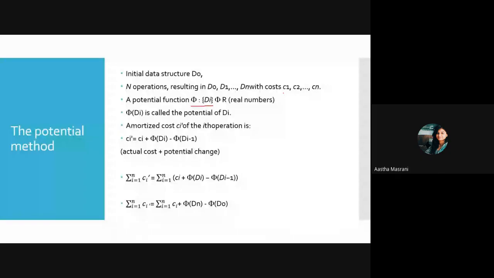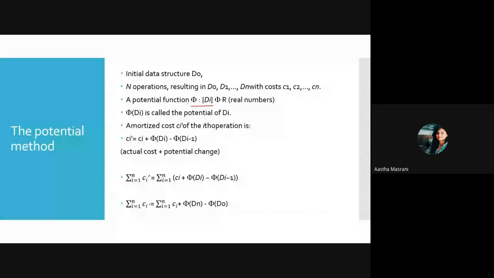Same as in the accounting method, we were assigning more cost to the push operation, the insert operation, than to the deletion operation, the pop operation. So the potential function represents the potential change, that how much energy is being consumed by the operation that is done.